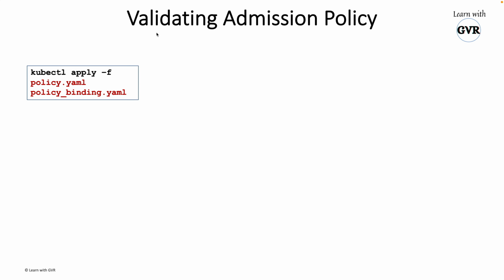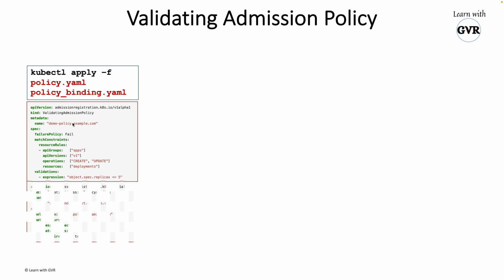Now, validating admission policy. This is today's actual topic. So how does it work, and what is the architecture? As per the validating admission policy, there will be two different files, one is a policy, second is a policy binding. These are the two different YAMLs we will go through in the next slide.